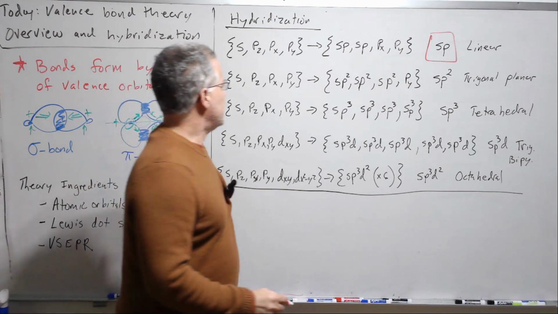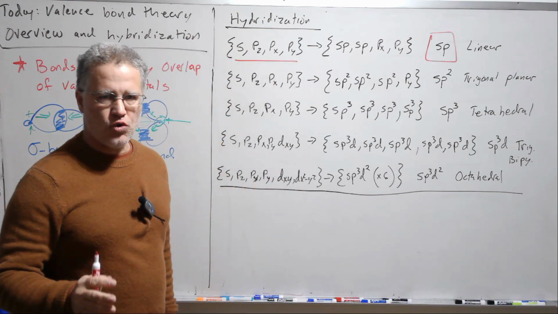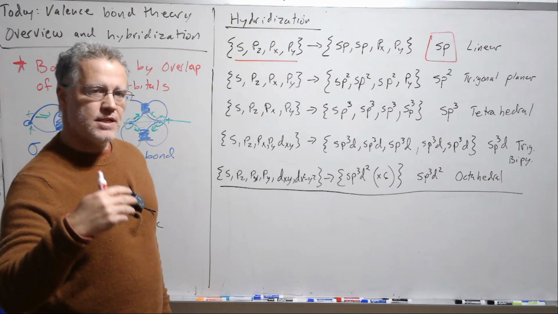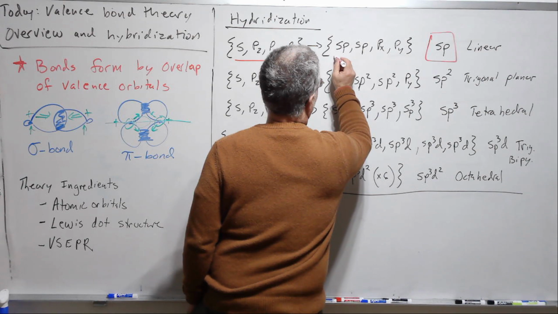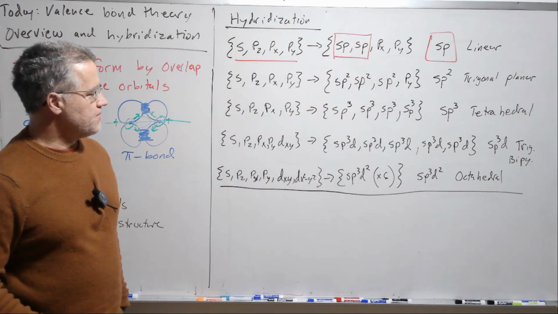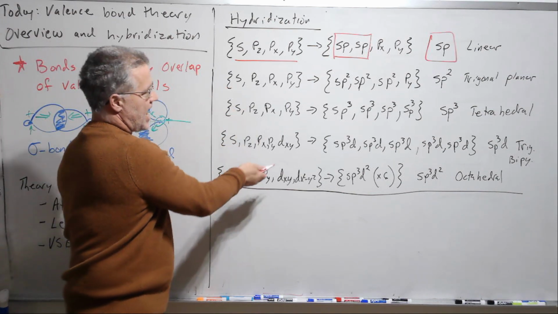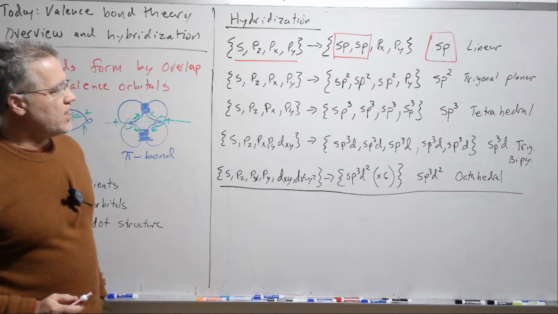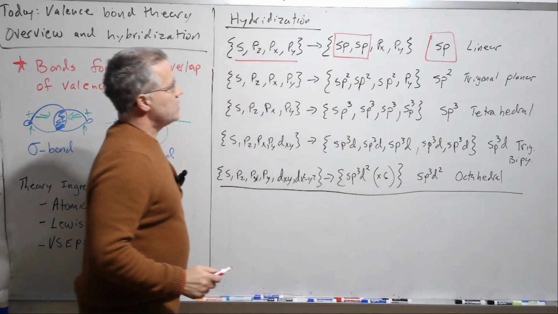And what does that mean? It means the four total orbitals, s, pz, px, py, have now become four orbitals, two of which are sp hybridized. Okay, now we'll go through this first, then we'll come back here and we'll show how that hybridization occurs, what that actually means. Okay?